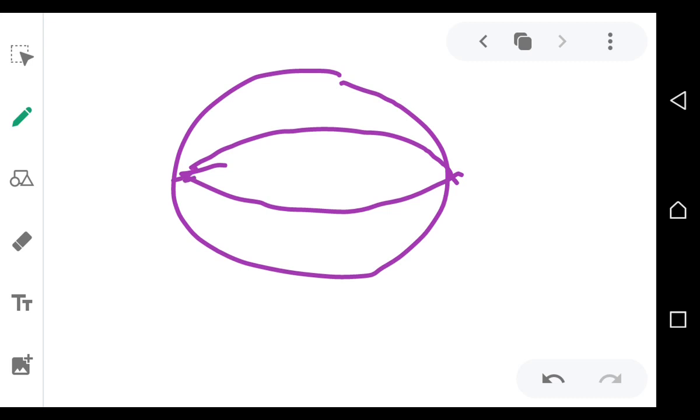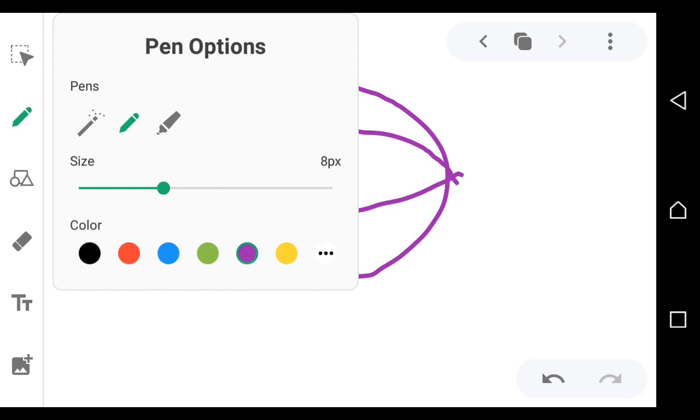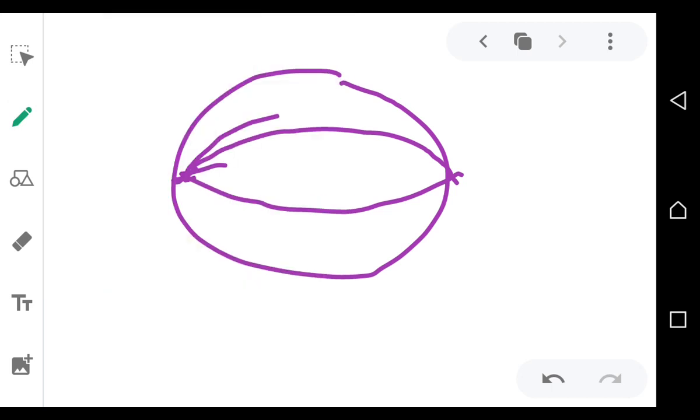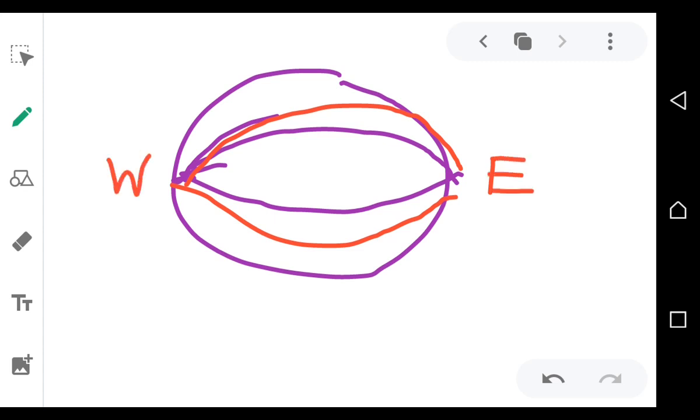So they move this side, west to east, west to east, west to east. This is the east side, this is the west side. Any line that moves from west to east is called a latitude.